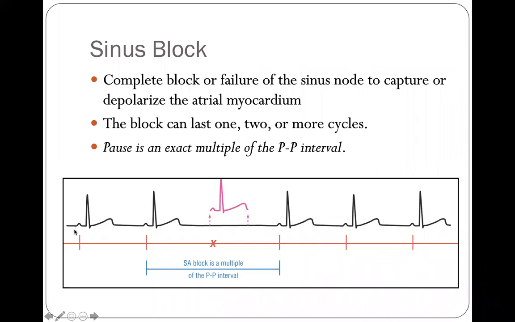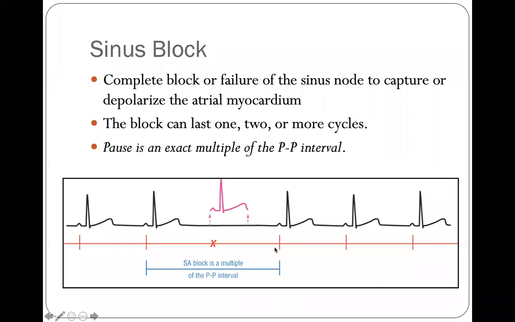So remember that the sinus node fires before the P wave. So here we had the sinus node fire. Here we had the sinus node fire. Then here we had the sinus node fire, but it was blocked and it never entered the atria. So we have nothing that happens that we see, and then the SA node fires again.